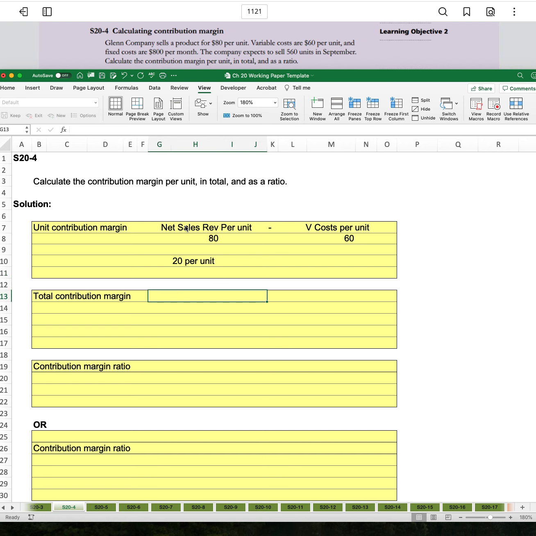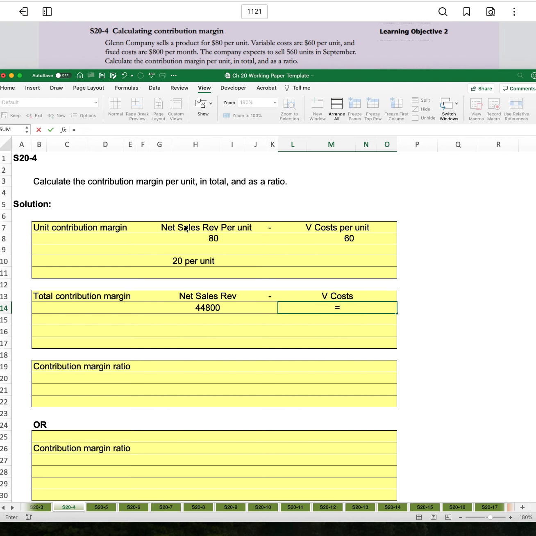As far as total contribution margin, we would just be looking at total net sales revenue minus the variable costs. And so it's 80 per unit times 560 units gives us 44,800.